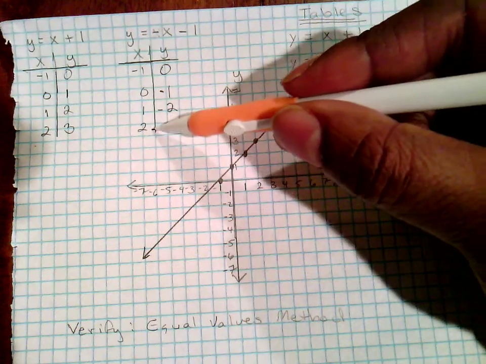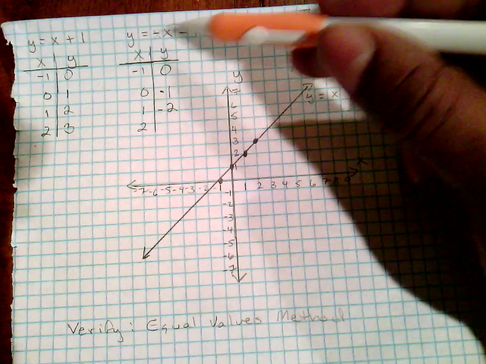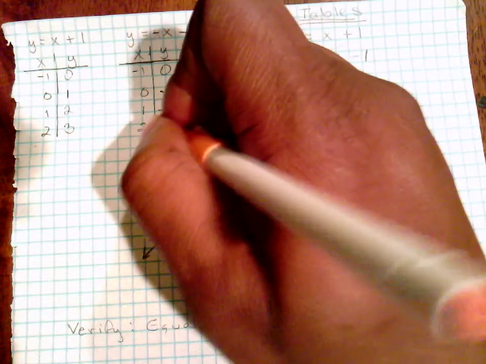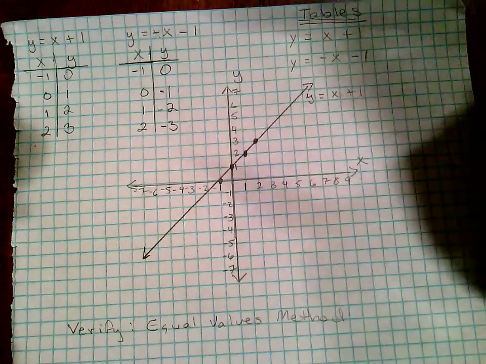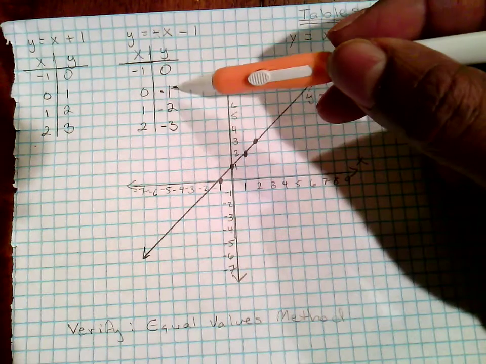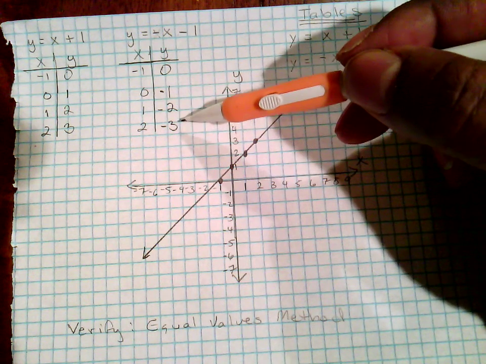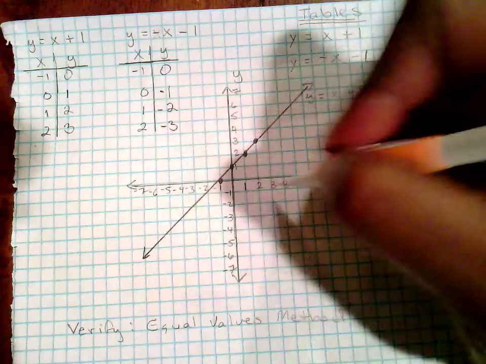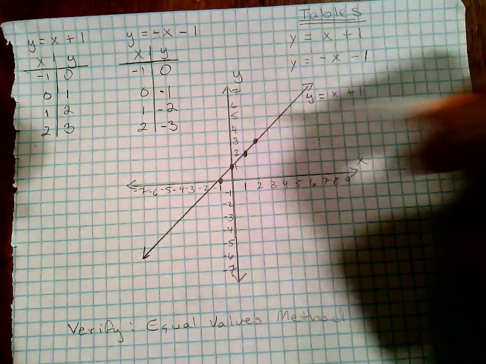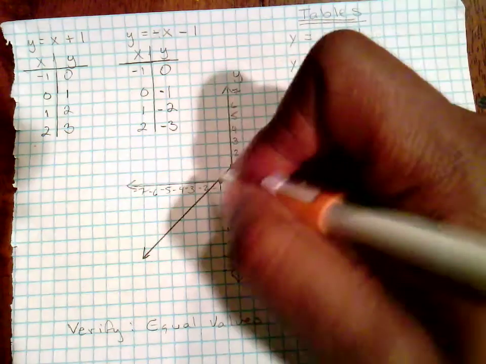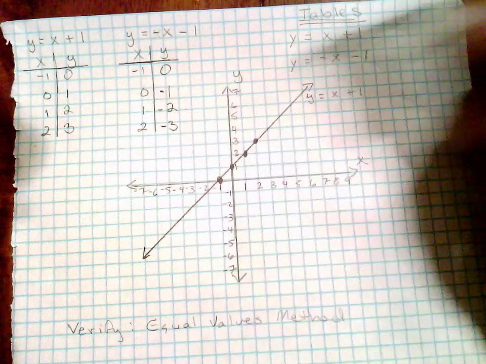And then substitute 2 in for x. That'd be negative 2 minus 1, which would be a negative 3. So my coordinates are negative 1, 0; 0, negative 1; 1, negative 2; and 2, negative 3. So let's plot those points here. Negative 1, 0, which would be here.